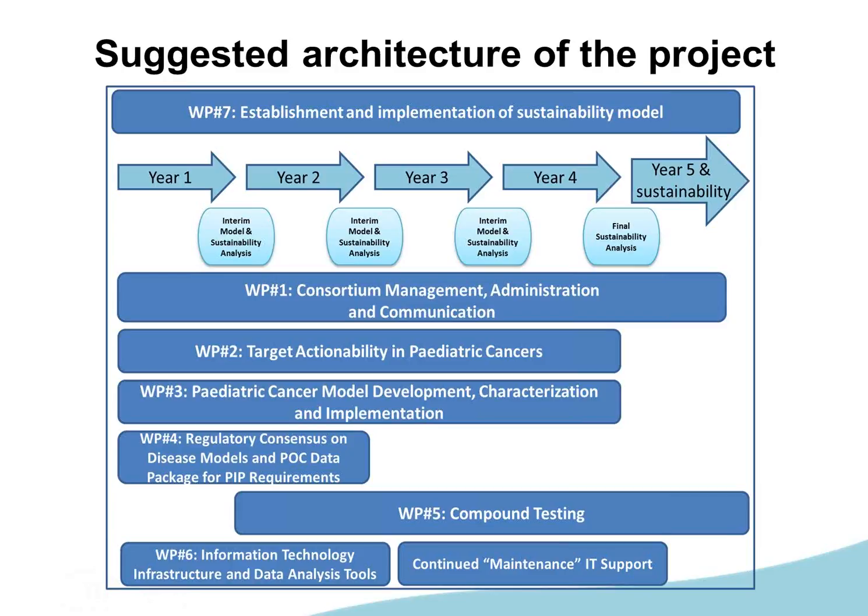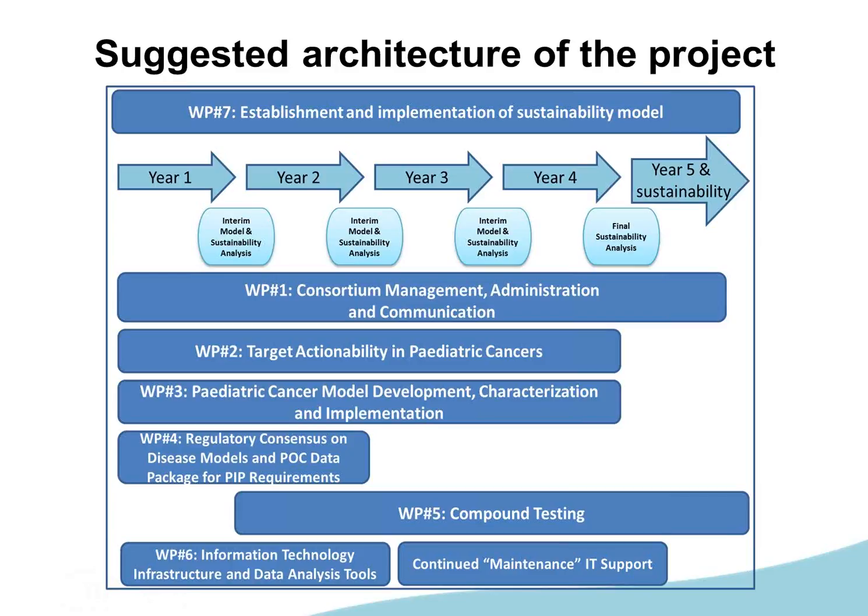You'll also note that under each of the arrows there are interim model and sustainability bubbles. This is essentially just to remind myself and those of you on the line that it's not a static process. We will continue and continuously monitor the development of this project as it goes along. Whether we do this on an annual or semi-annual basis, at this point doesn't matter.